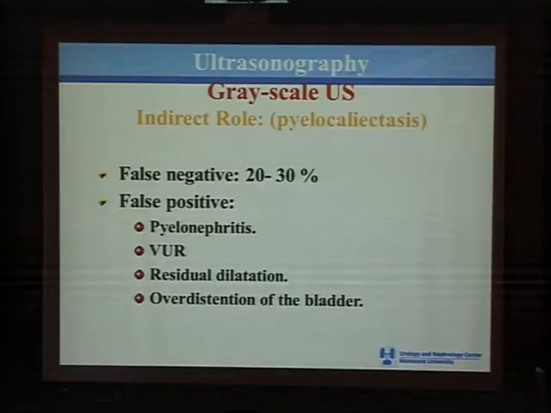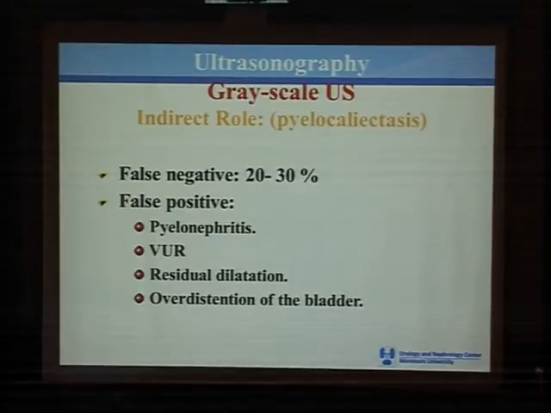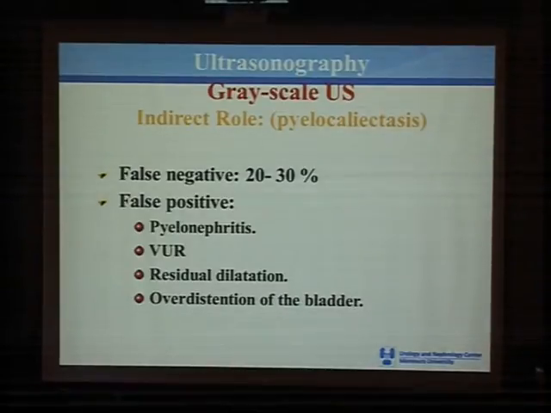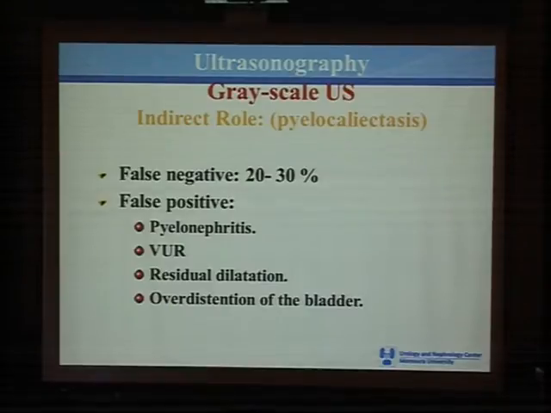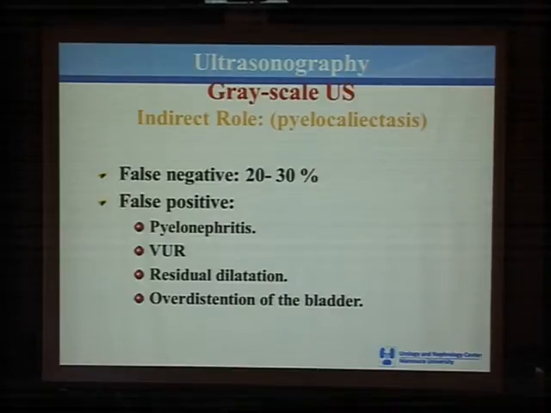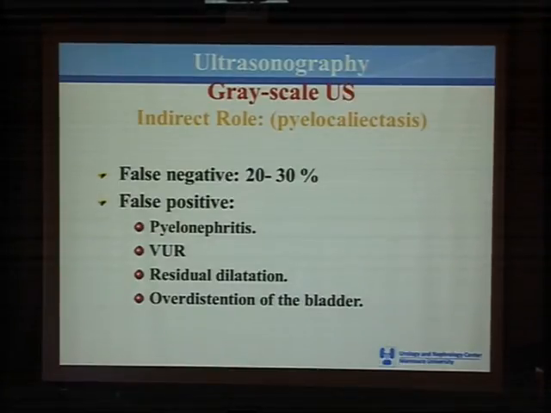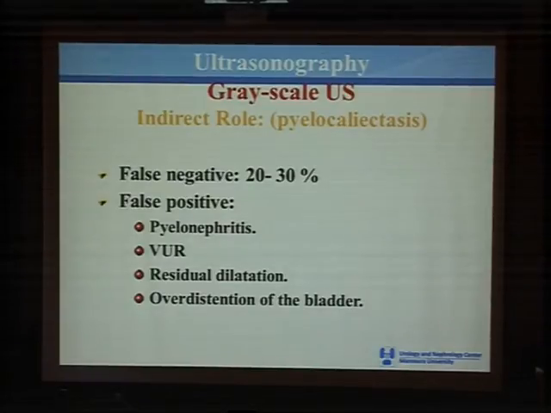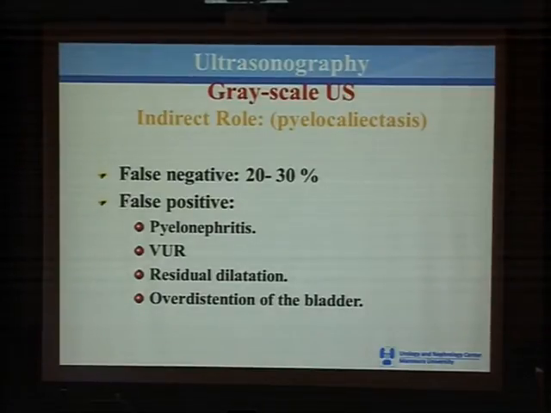So I repeat again, the approach of pyelocaliectasis or dilatation of the pelvicalyceal system by grayscale ultrasound is neither sensitive nor specific. It is not sensitive because in about one third of cases with acute obstruction, there may be no dilatation of the pelvicalyceal system. Why is it not specific?